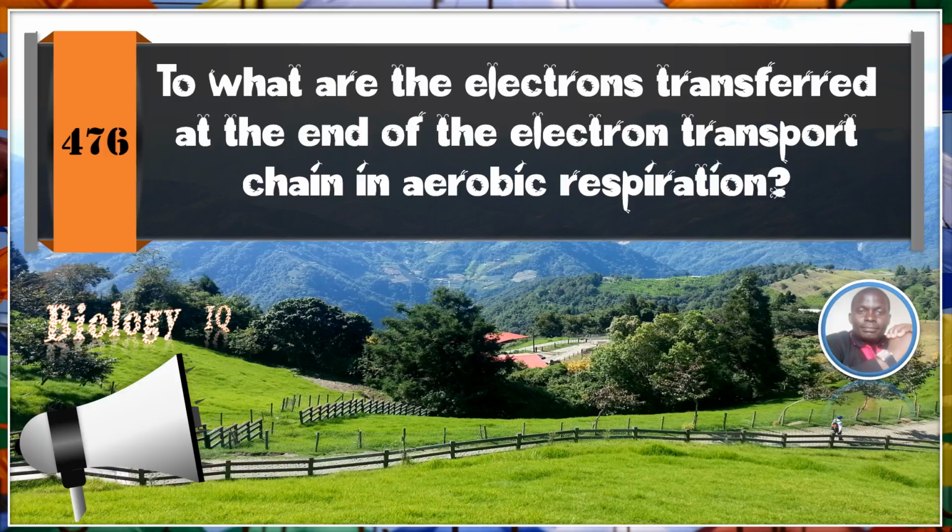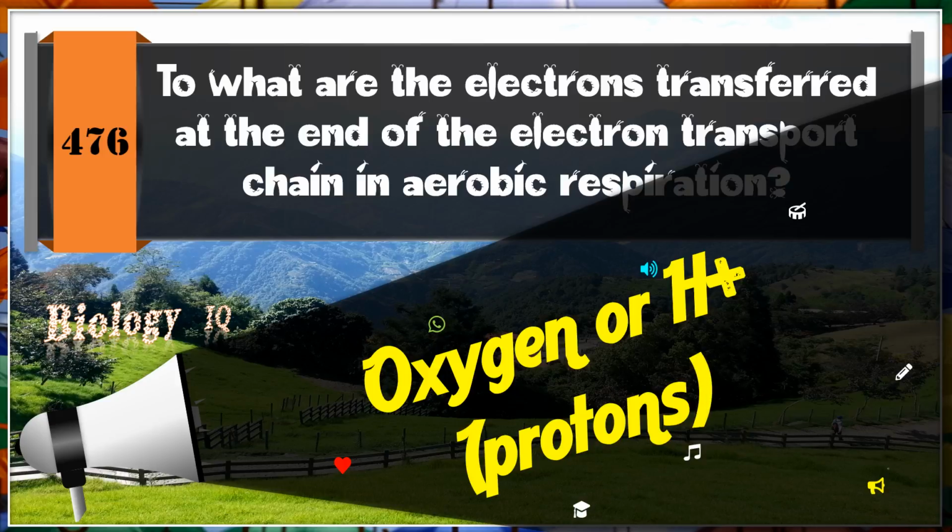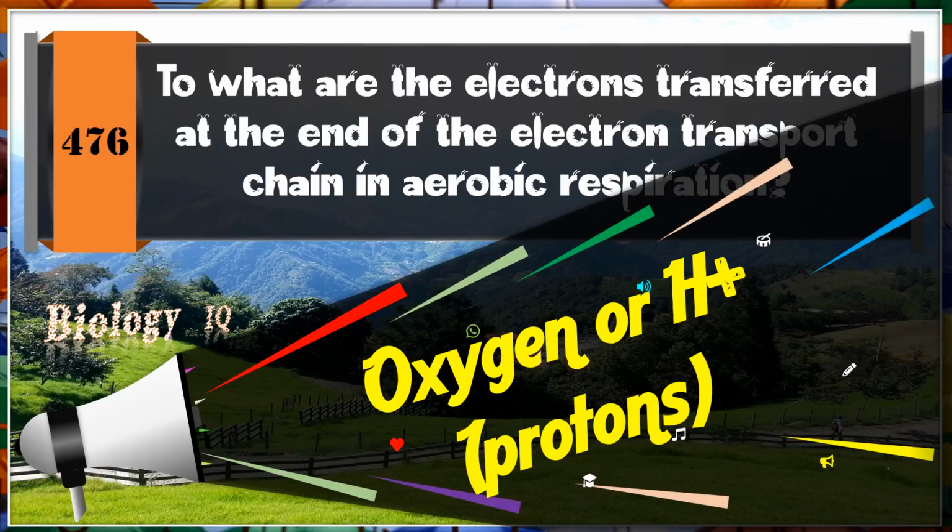To what are the electrons transferred at the end of the electron transport chain in aerobic respiration? To oxygen or hydrogen ions, referred to as protons.